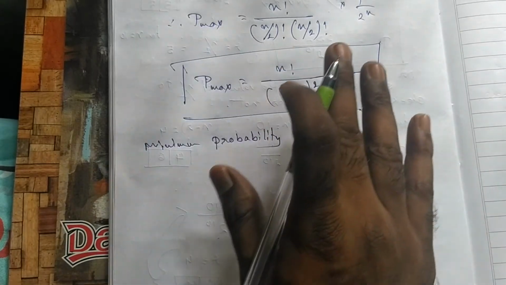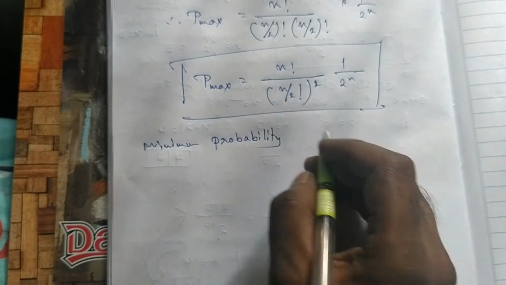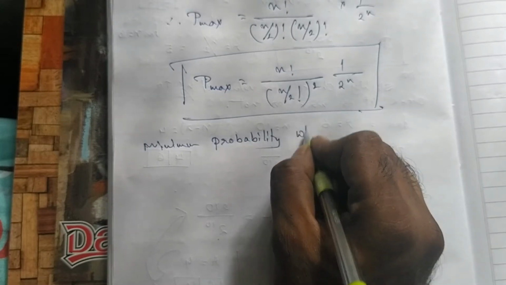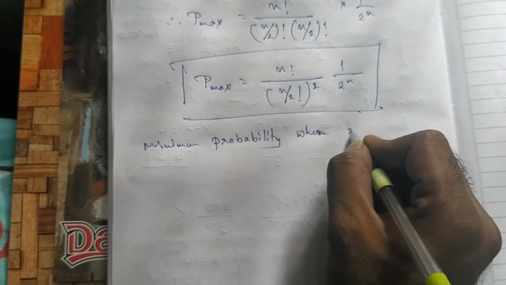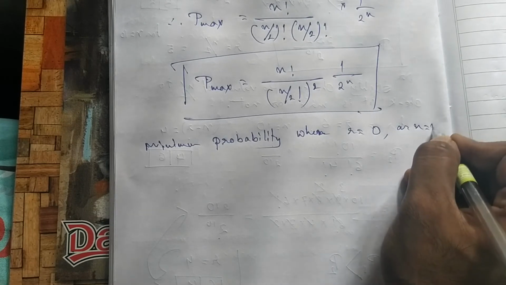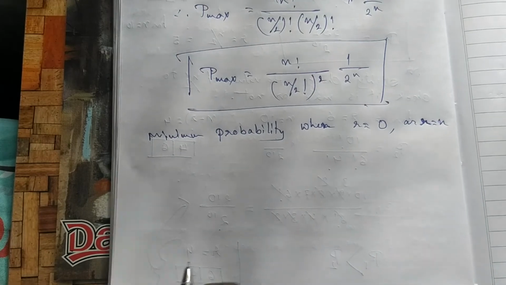Everything is calculated for the microstate, not for the macrostate. The minimum probability occurs when r is equal to 0 or r is equal to n. How?